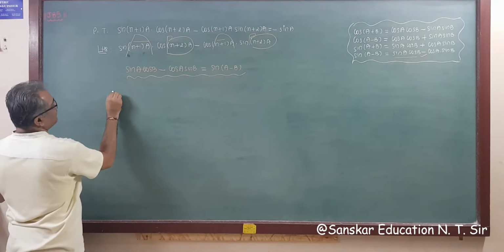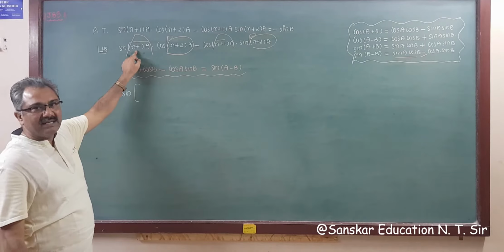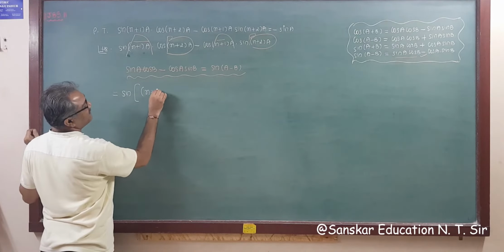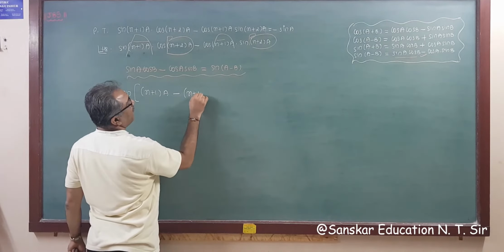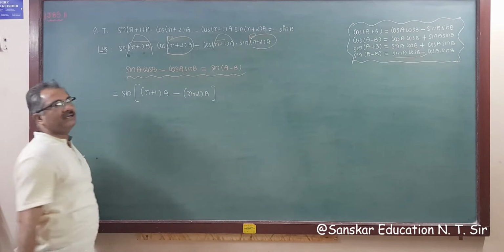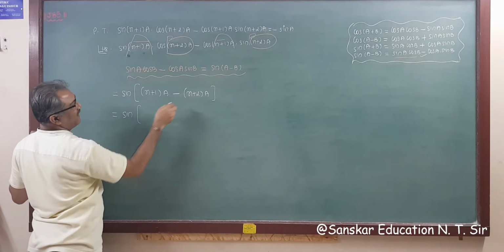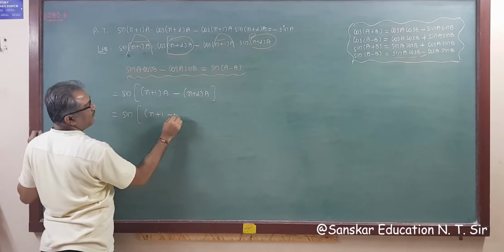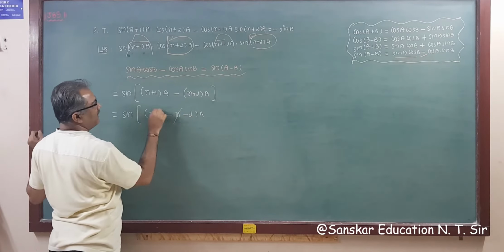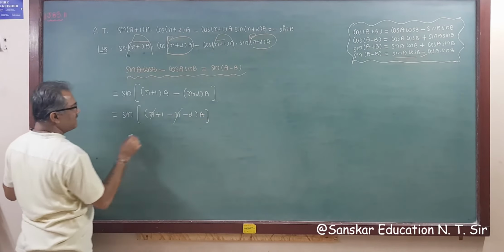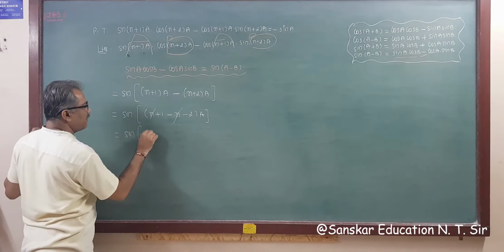So what is your answer? The answer will be sin. Now what is a? It is n plus 1 into a, minus, what is b? n plus 2 into a, right? So simplifying this, what do we get? Sin, if we take a common, then this is n plus 1 minus n minus 2 into n, and n will be cut, and this will be sin of 1 minus 2, which is minus, so minus a.